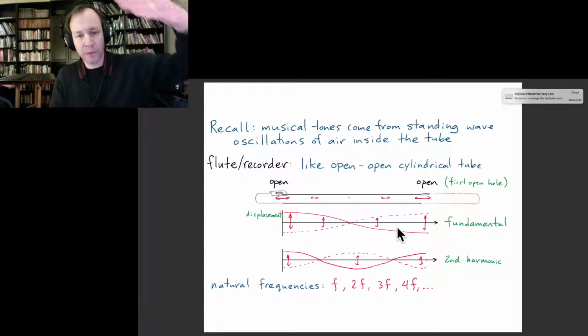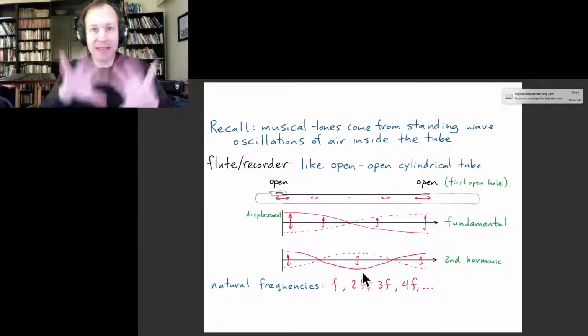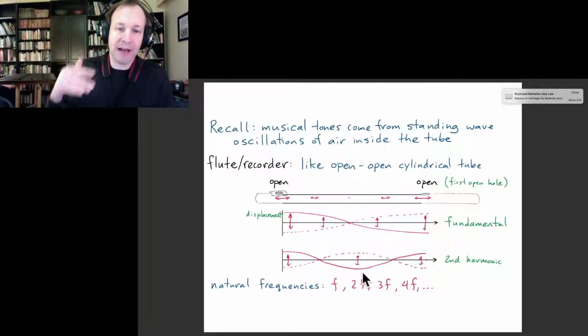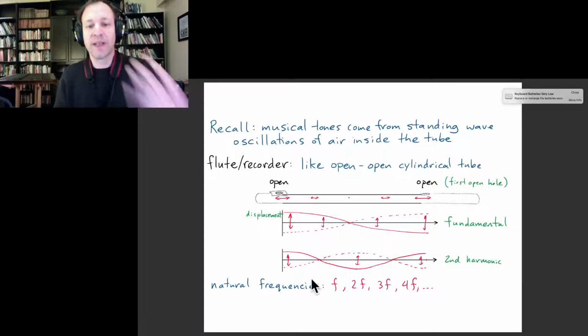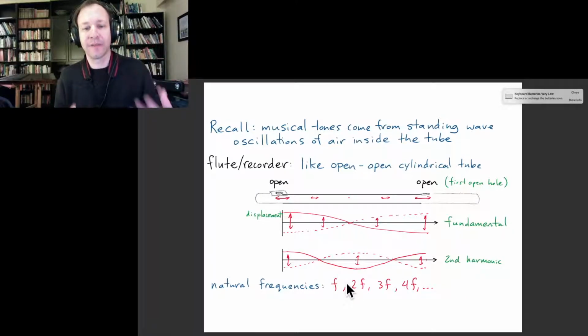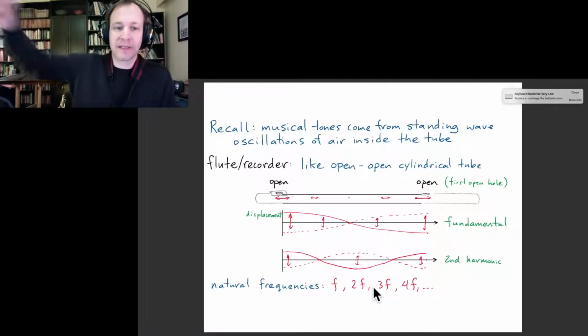And then if you make a graph of the standing wave pattern for the higher possible modes in the tube with antinodes at both ends, you find that the second one has twice the frequency of the first one, so half the wavelength, and the third one has 3 times the frequency of the first one. So you get the entire harmonic series.